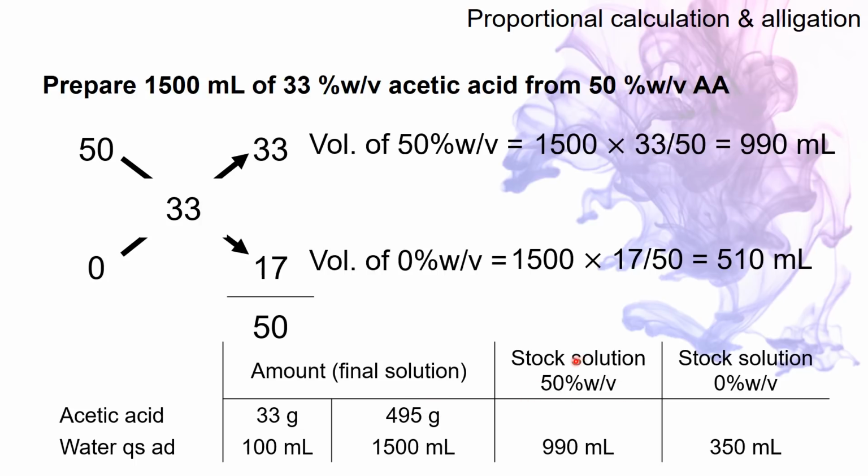For the 50% stock solution, you need 990 ml, and it contains 495 grams, which matches the amount needed, because the zero concentration means it is distilled water, or the vehicle you use, and it doesn't contain any solute.